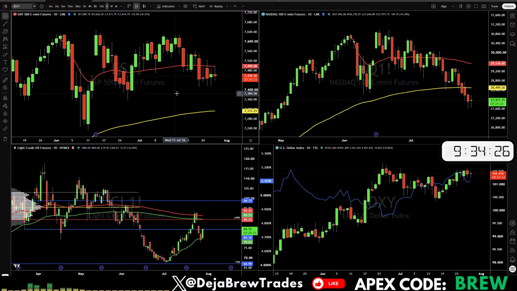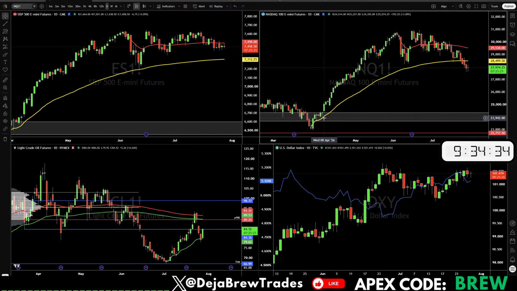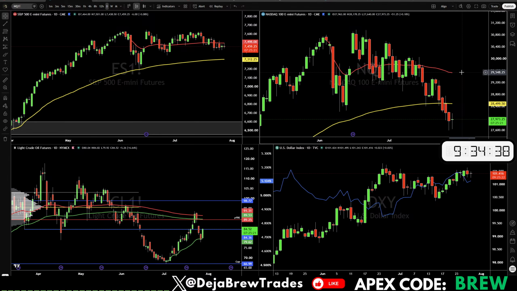On ES and NASDAQ, ES not so bad, still in that flat distribution. NASDAQ pretty bad. We have lost our VWAP from the bottom. So if they don't quickly reclaim that later this week, that is pretty bearish.